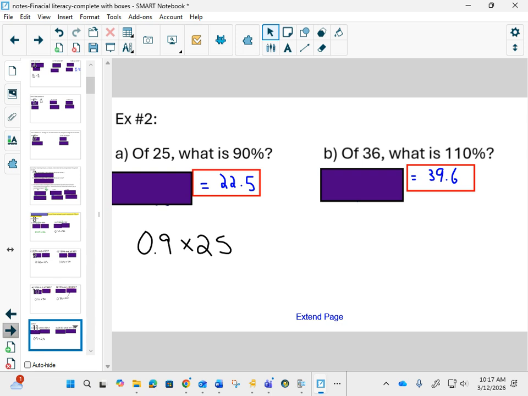Check your answer. We take 110%, change it to a decimal, 1.10, multiply that by 36. You will get 39.6. The other boxes have the same thing, but probably as 110 divided by 100. So I just leave it, because I change it to a decimal right away.